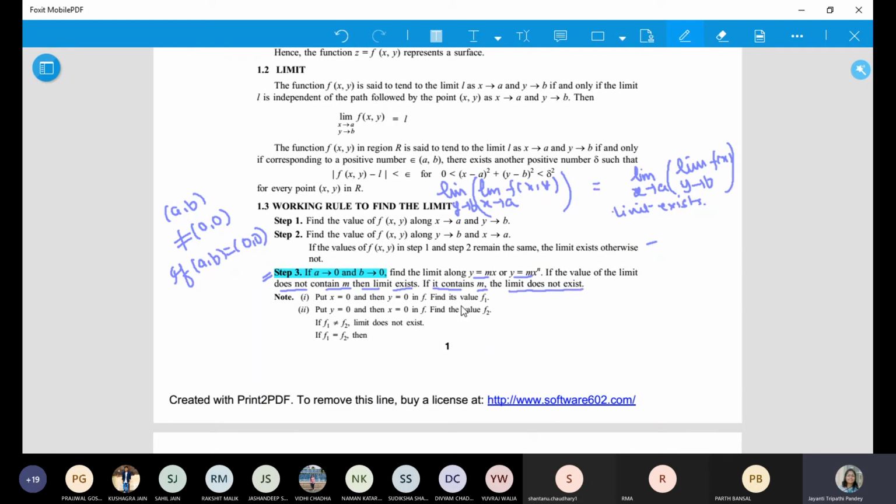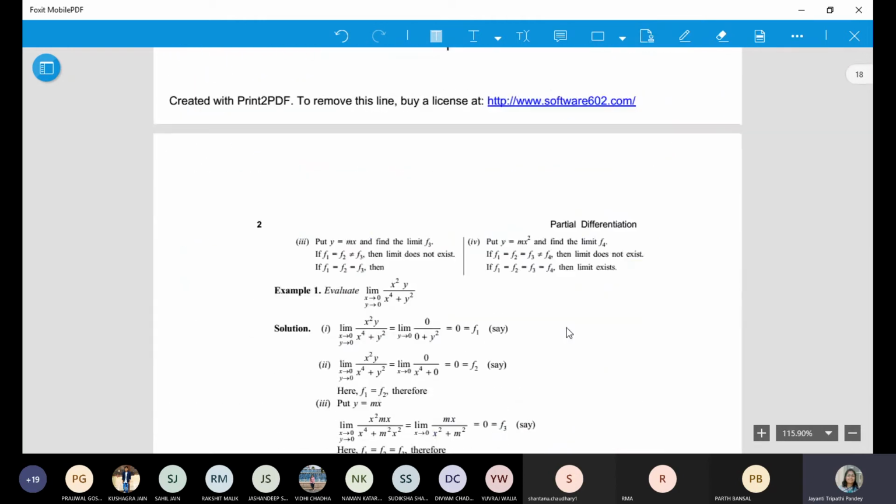Okay, so what we do in this, first we try using this and make it f1, then we get the value from this and make it f2. If f1 is not equal to f2, the limit does not exist. Okay, if f1 is equal to f2, then we'll proceed to the next step. What is that next step? We put y is equal to mx and find f3.